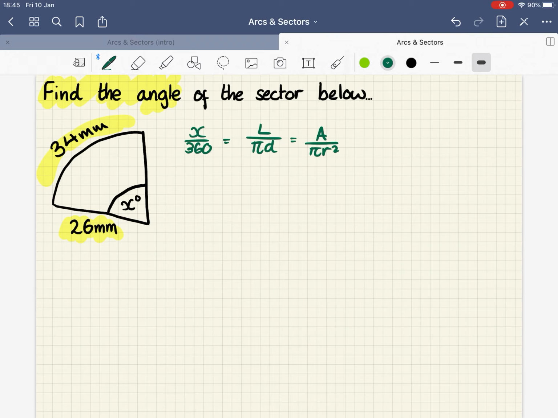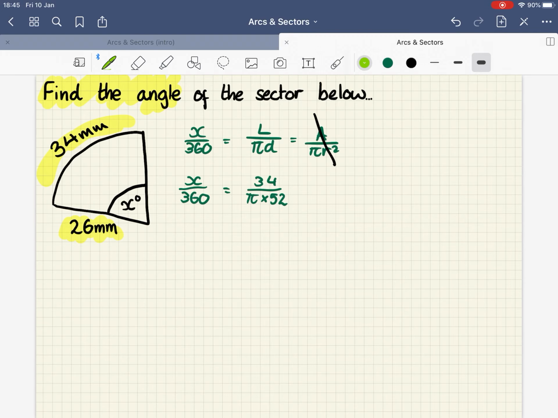So nowhere in there does it ever have any sign of an area, so I'm going to score that out. So I don't know what x is. My length is 34. And my diameter is going to be 52, because remember, you've got to multiply this radius here by 2.